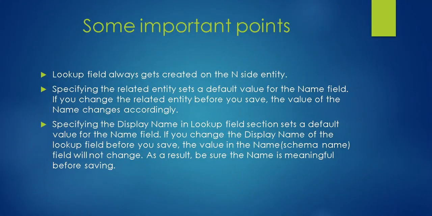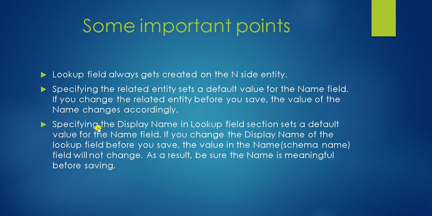Here are some important points to keep in mind while creating a relationship. The lookup field always gets created on the many side of the entity. Specifying the related entity sets a default value for the name field. If you change the related entity before you save, the value of the name changes accordingly.